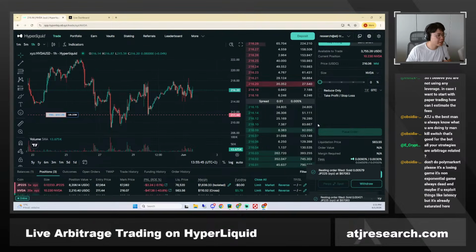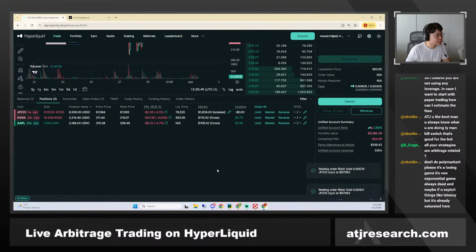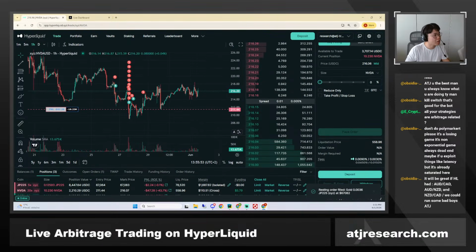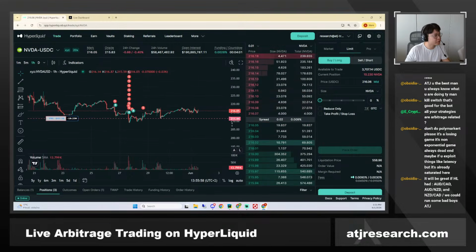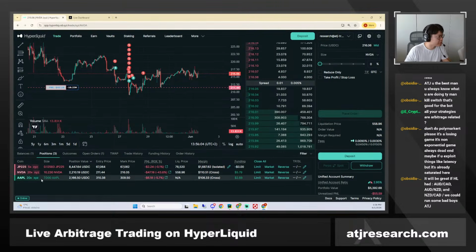And so what I like to do oftentimes is use isolated margin, in some cases, because then I can track the liquidation price of all my assets individually. And if I know the liquidation price of each individual asset, then for me, it's quite easy to manage.